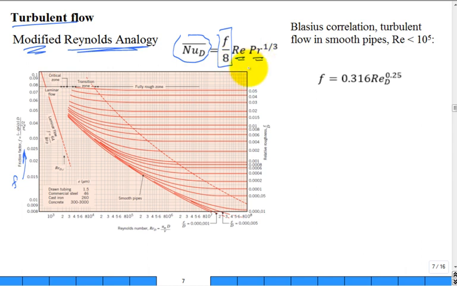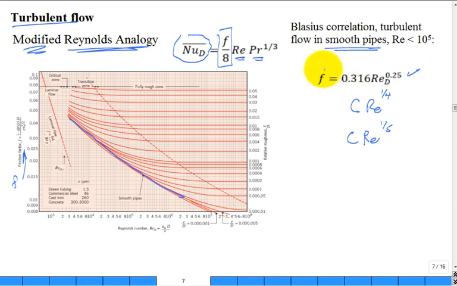And I mentioned that some people had already curve fit for smooth pipes, this bottom curve out here in the turbulent region, and it curve fits like a constant Reynolds number to a power, like a 1/4 or 1/5. Constant Reynolds to the 1/5, okay? So this is the Blasius correlation.